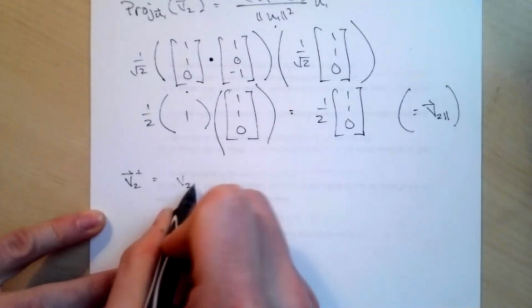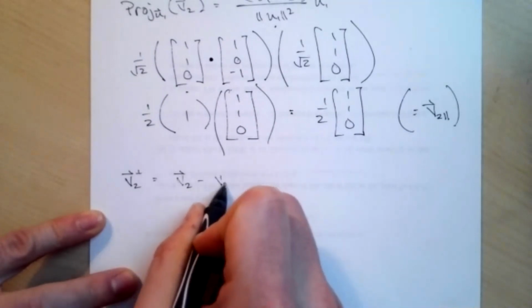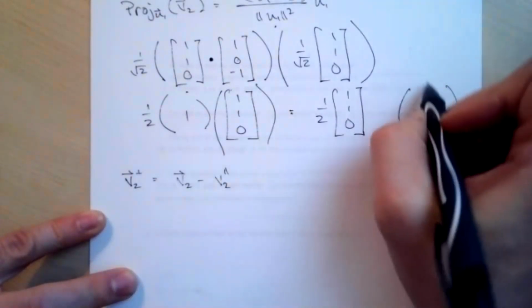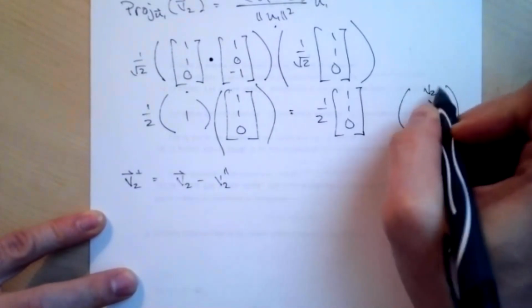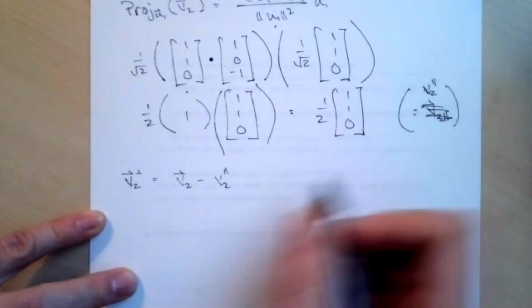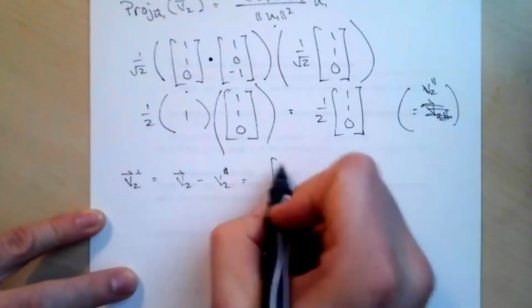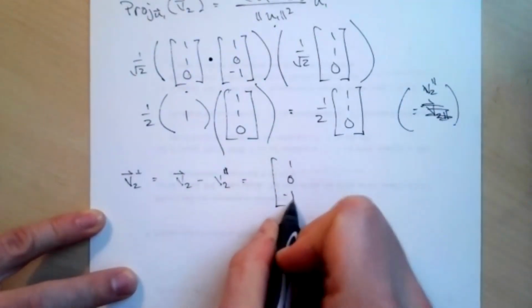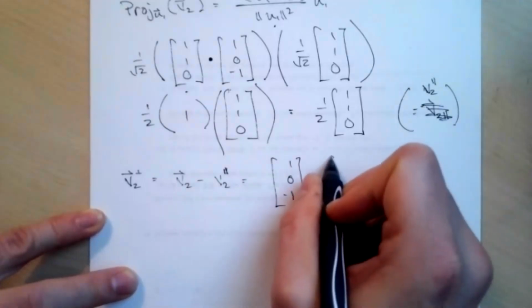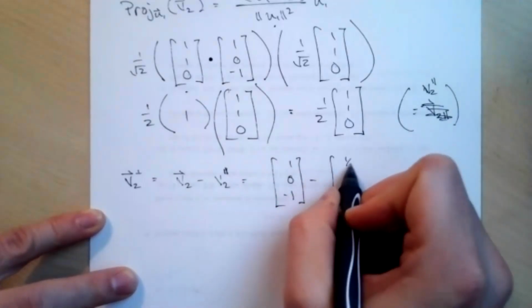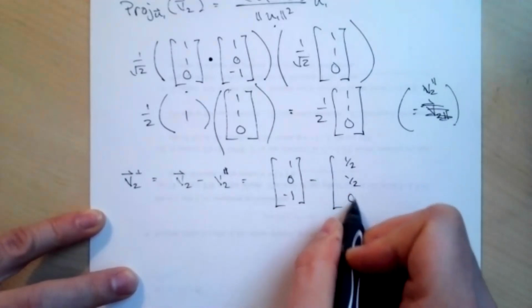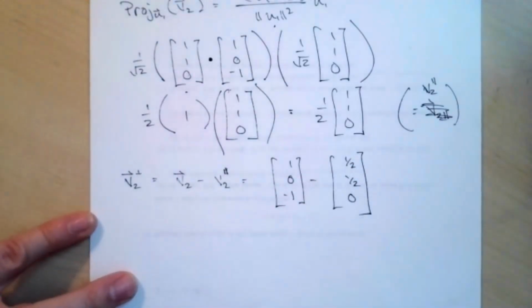So we want to take V2 minus V2, and I'll put the parallel up here. And so what are we going to get? Our V2 was 1, 0, minus 1, and now we want to subtract off, and I'm going to put the 1/2 in there, since we're subtracting off component-wise.